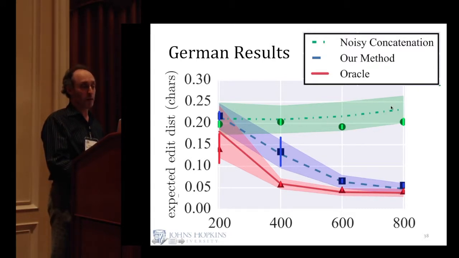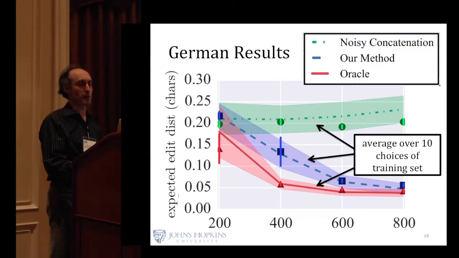Our method is the blue method, and you see as it sees more forms, we're getting the error rate down to about a 20th of a character on average, and we're catching up with how well we would do if we knew the underlying forms that linguists tell us. Okay, and the error bars here are averaged over 10 ways of splitting the forms that we saw and the forms that we didn't see.